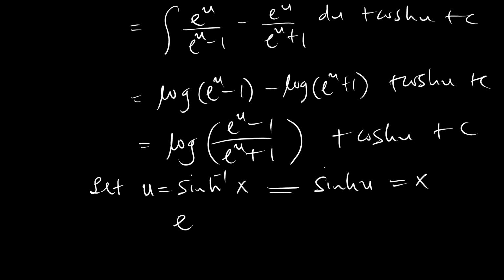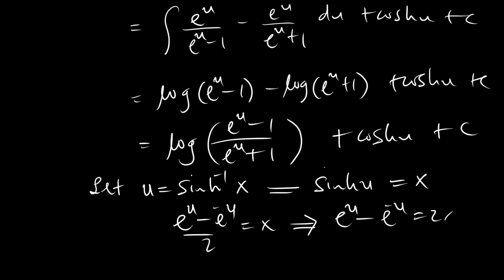What that means is that e^u minus e^(-u) over 2 is equal to x, meaning that e^u minus e^(-u) is equal to 2x, and so e^(2u) minus 2x e^u minus 1 equals 0.